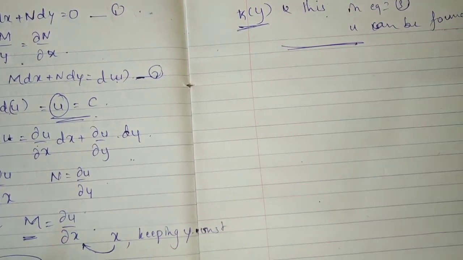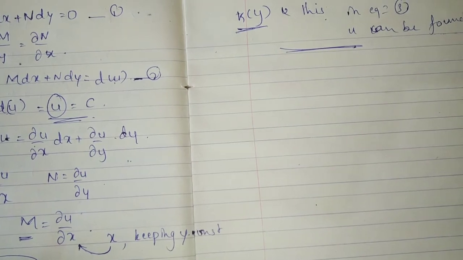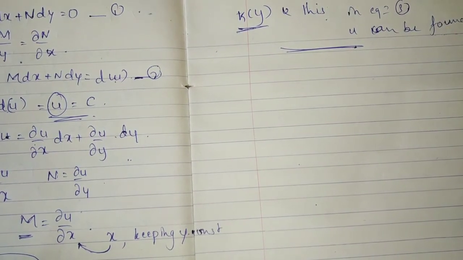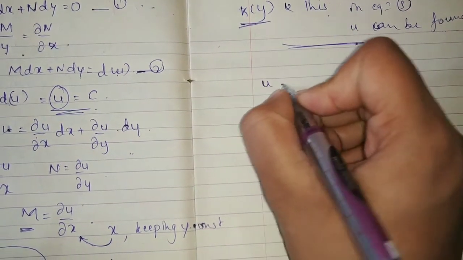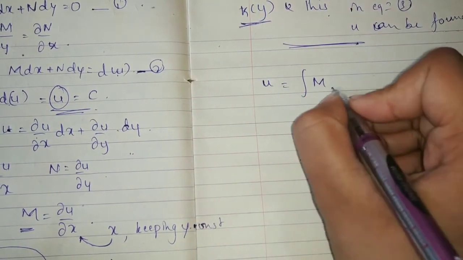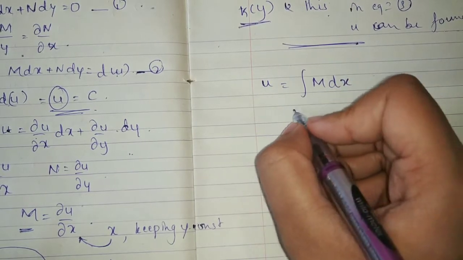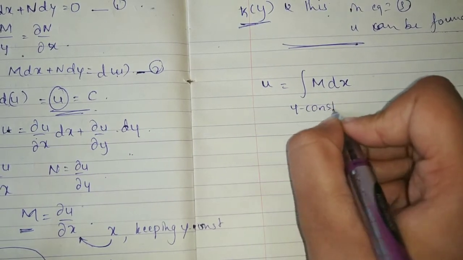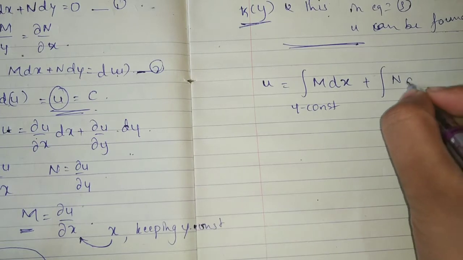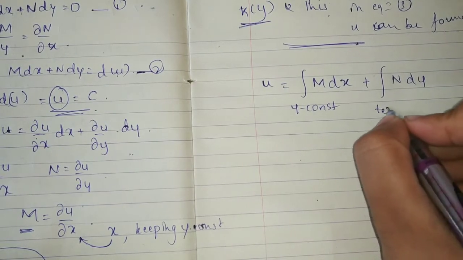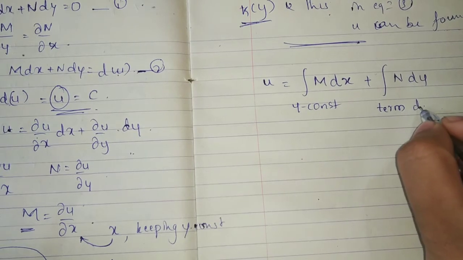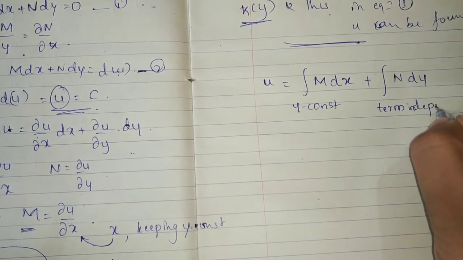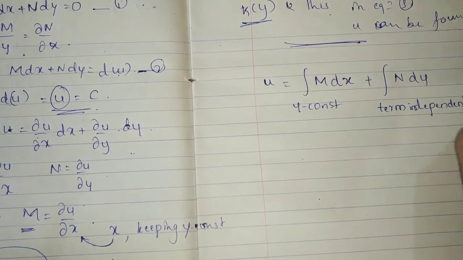So this is the working rule. Let us go for the working formula to find the general solution of an exact differential equation. The formula is u equal to the integral of M with respect to x, keeping y constant, plus the integral of N dy. Here we should take only the terms containing y, so terms independent of x should be considered.